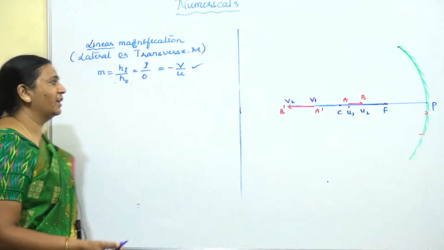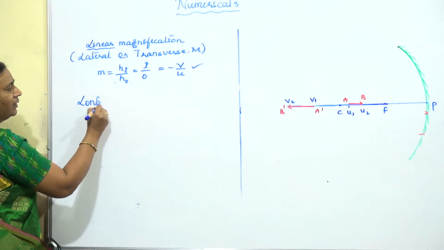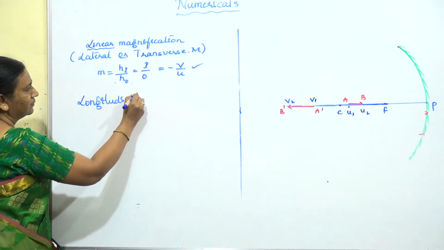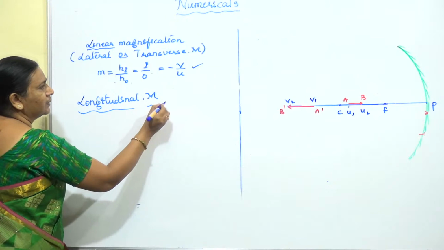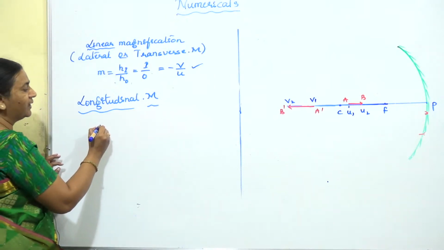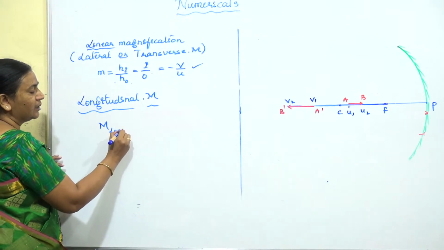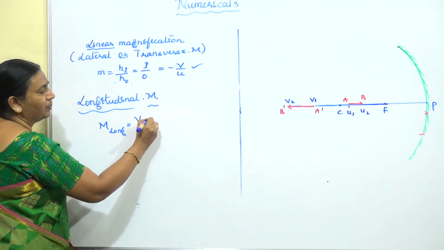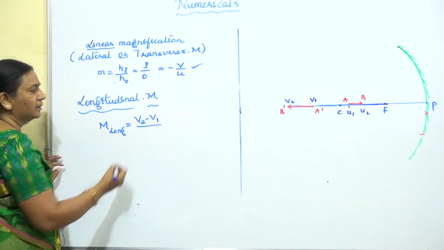And this magnification is known as longitudinal magnification. What is longitudinal magnification? We are comparing the image length with the object length.